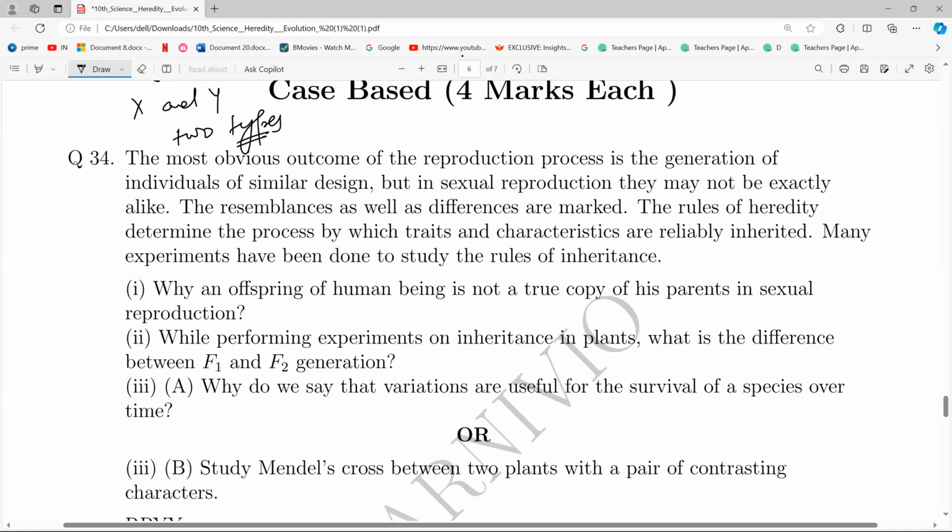Most obvious outcome of reproductive process. Read this one. Are you able to see this one? Question number 34. Yes, sir.